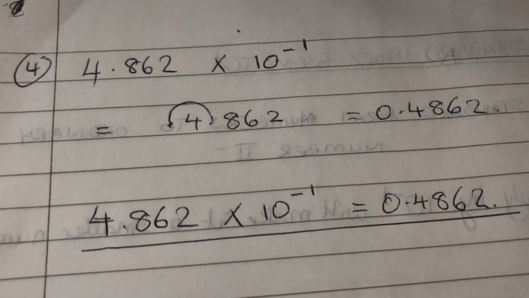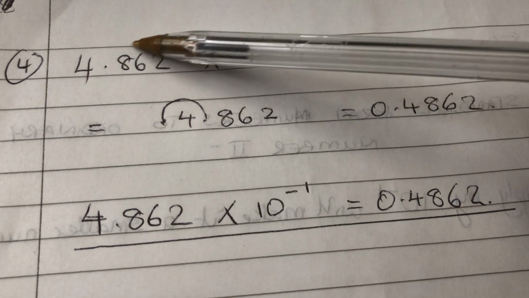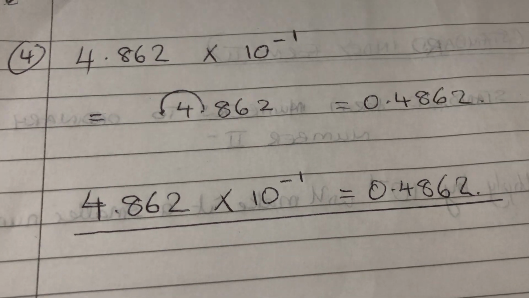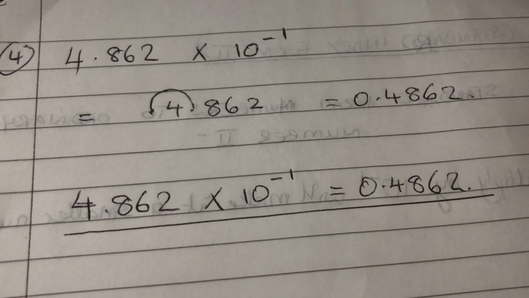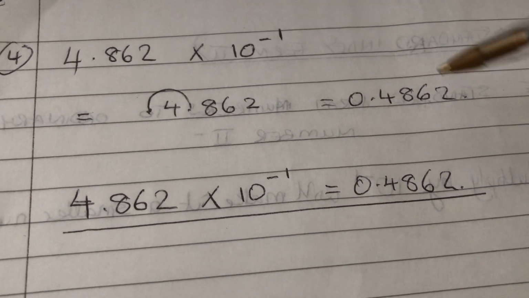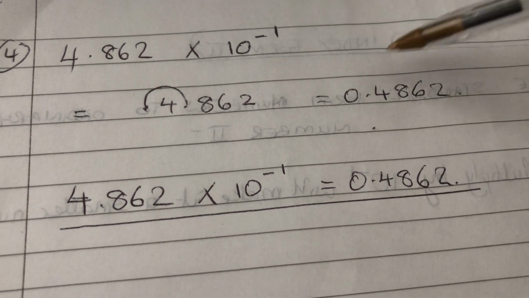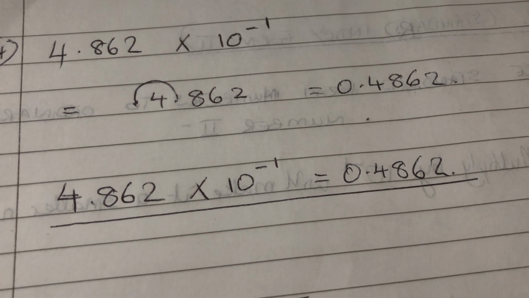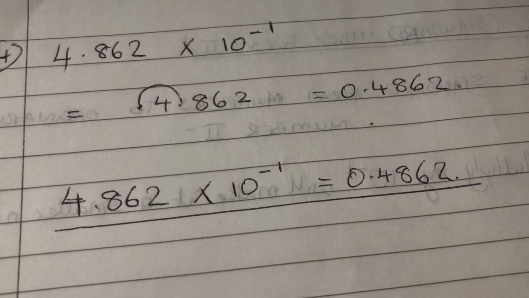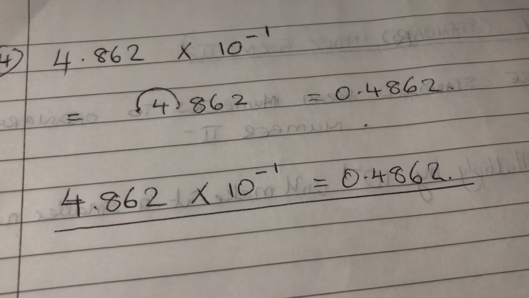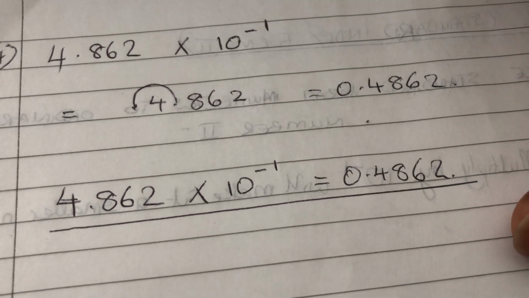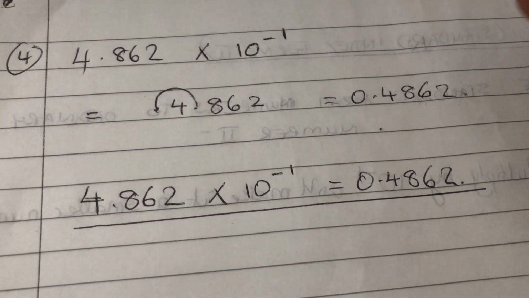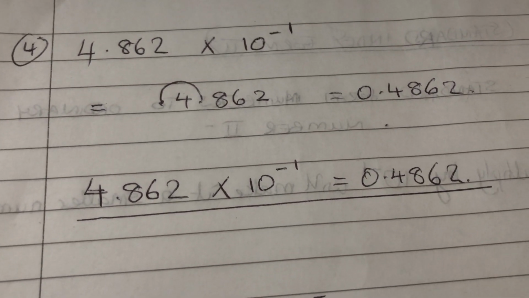Okay, so these are questions because they can give you a standard form question like this and ask you to change it to an ordinary number, or they can give you an ordinary number and ask you to put it in the standard form. Okay, these are simple questions that you don't need a lot of mathematical knowledge, or they can ask you to leave your answer in the standard form.